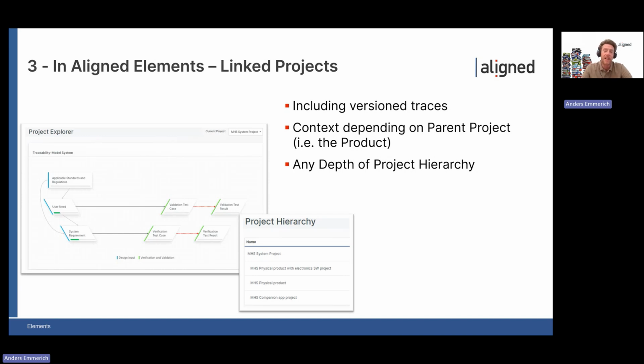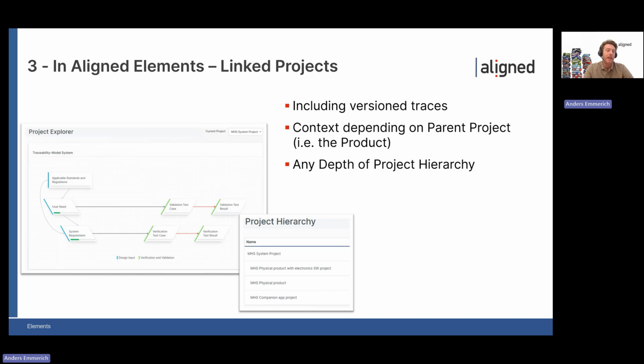We also make sure that user need 1 revision 5 is tracing to design input requirement 3 revision 7, for example. We know that in the background, and this is something that's been used heavily in this feature of having linked projects. We also maintain the context, and that would be the end customer product as such. That would be the parent project linking all the underlying components.